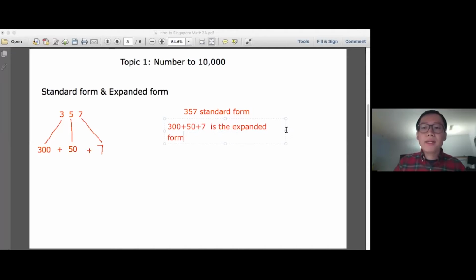So basically, expanded form, you take each digit, you pull each digit apart, and you figure out their respective value. Very simple, expanded form, standard form.